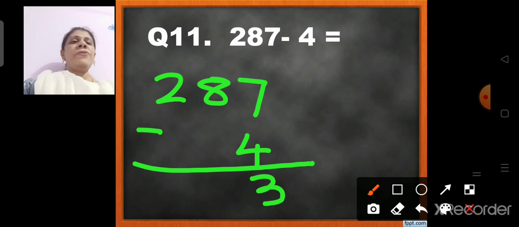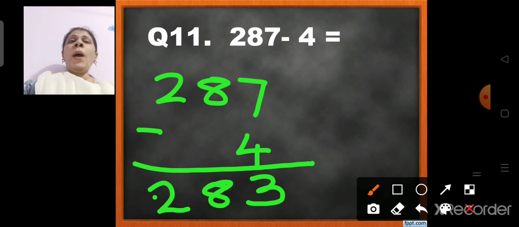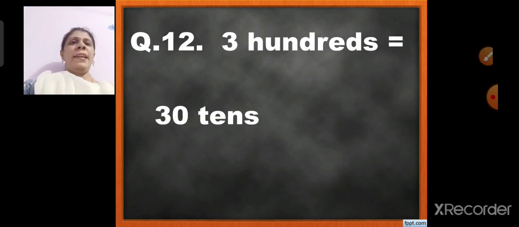That is 3. Below 8, no number is there. So we will write 8. That is 8 minus 0 is 8. Below 2, no number is there. So we will write 2. So when we subtract 287 minus 4, we get our answer 283.